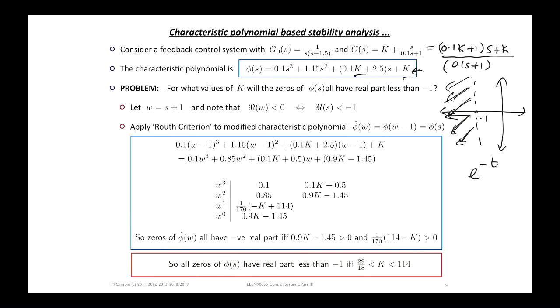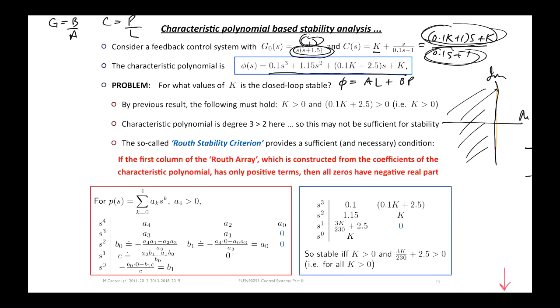Right? So we can still apply the Routh criterion, but we have to apply it to a transformed version of the polynomial. And the transformation simply corresponds to moving the origin to here, so that this now looks like the imaginary axis, because the Routh criterion is tailored to things being left of the imaginary axis.